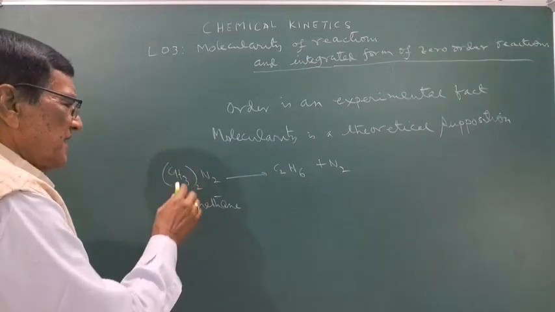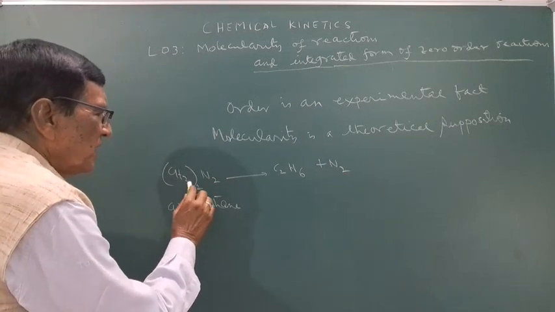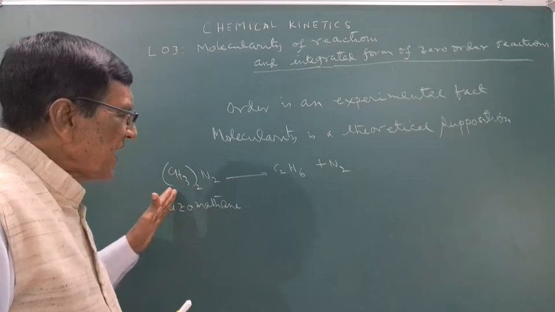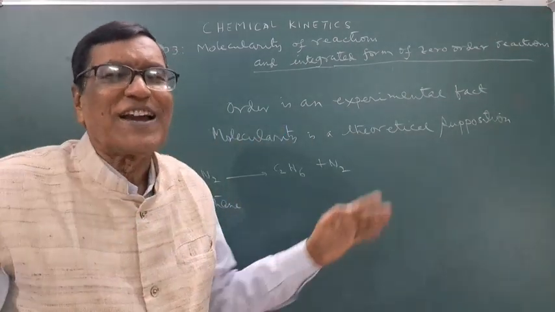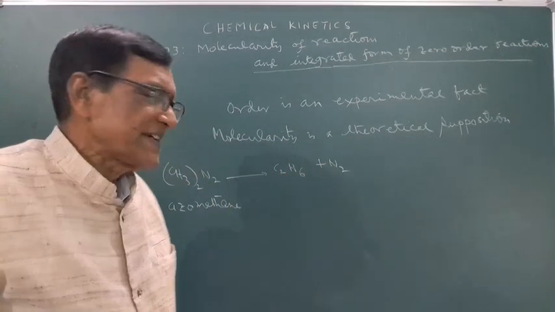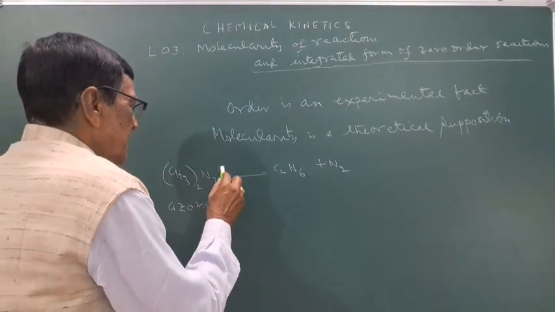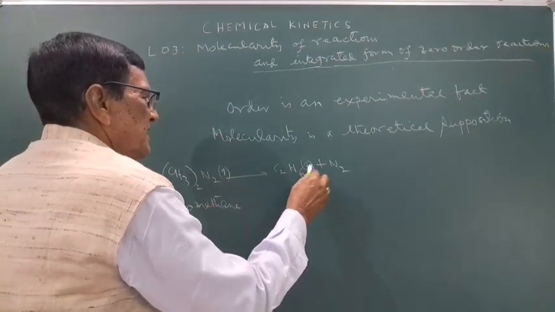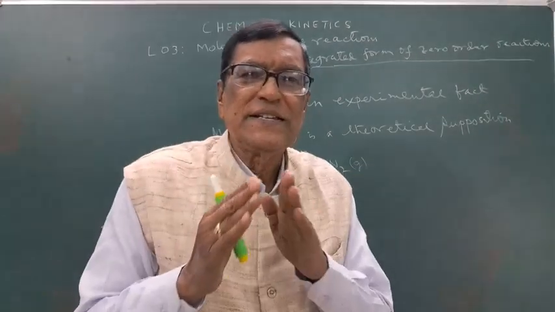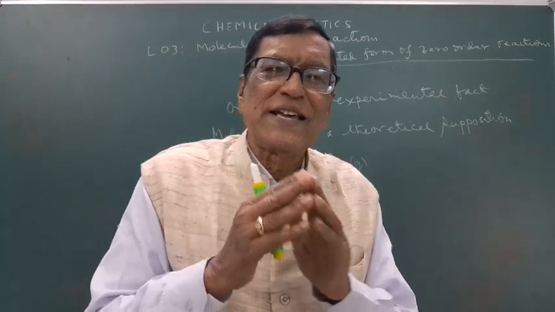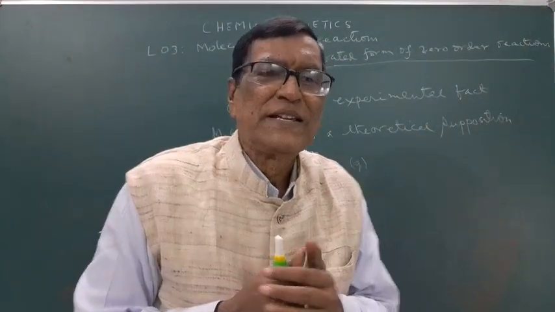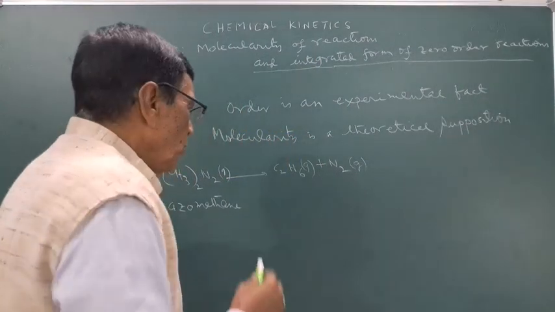The reaction will follow first order kinetics. This is a gas phase reaction. This is also gas, this is also gas. Whenever the pressure of this reaction is kept moderate to high, it is first order.